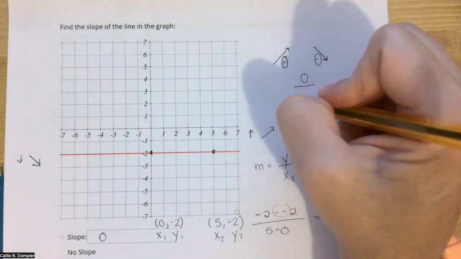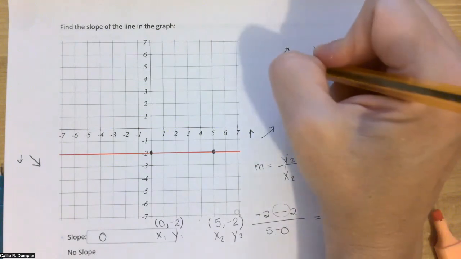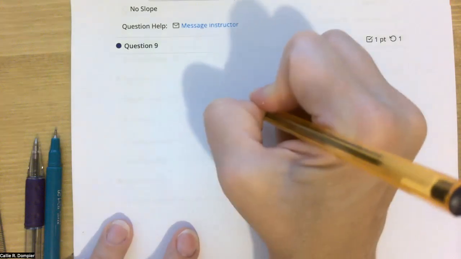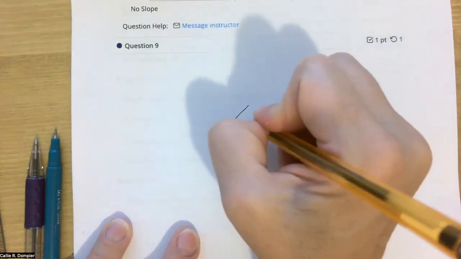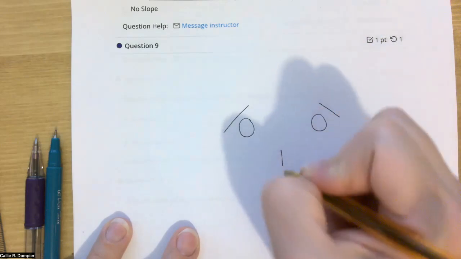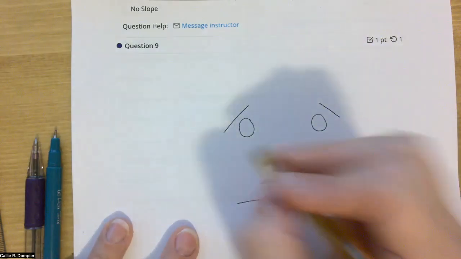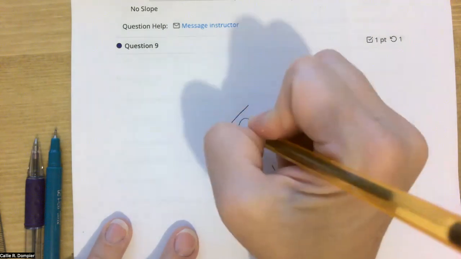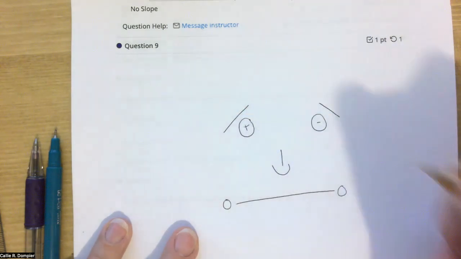And then that's the undefined slope. Sorry, I'll do this again. Slope man. This is a zero slope. This is an undefined slope. This is a positive slope, and that's a negative slope.